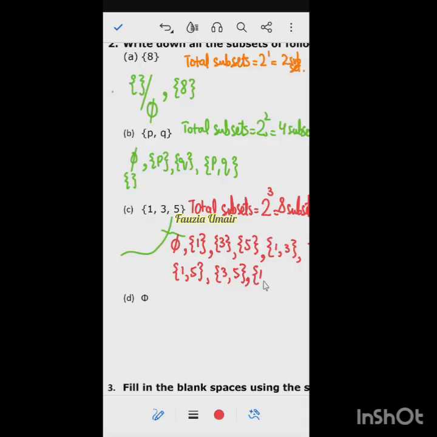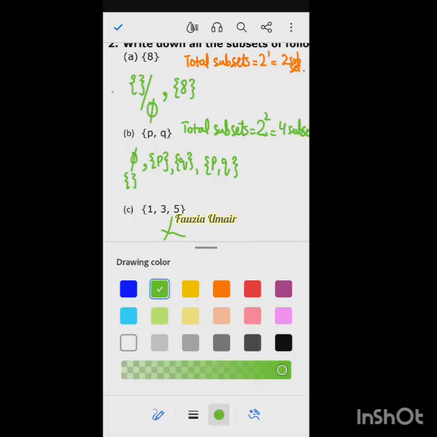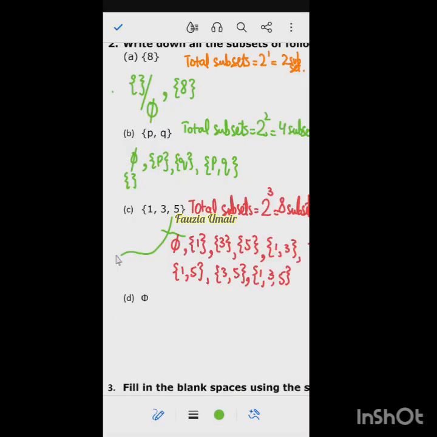So now if we quickly discuss, out of these 8 subsets, how many are proper subsets and how many are improper? Can you please explain improper and proper sets? A proper subset is when a subset is smaller than the original set. An improper subset is when a subset is equal to the set. That is still called a subset, but because it doesn't make sense, we call it improper.